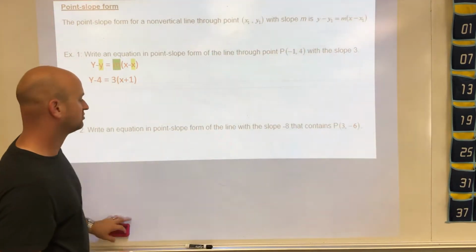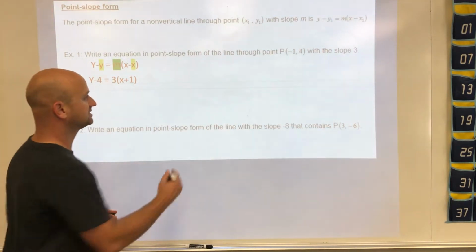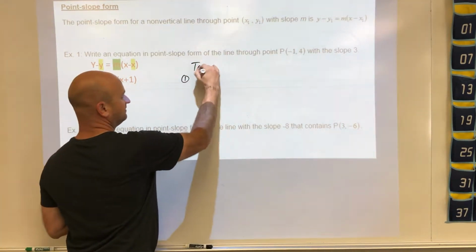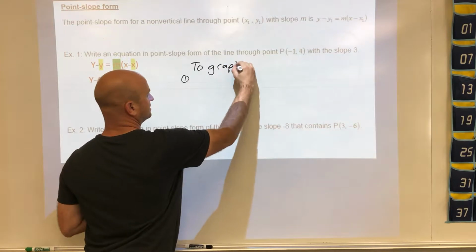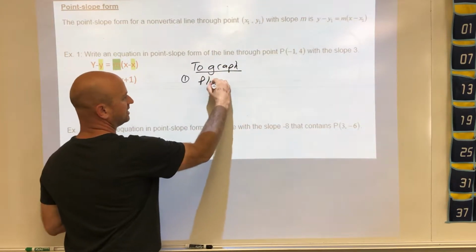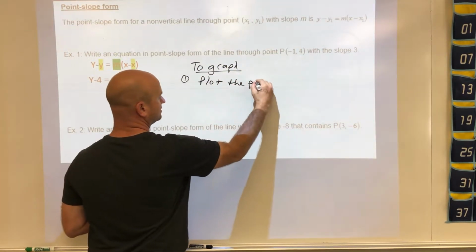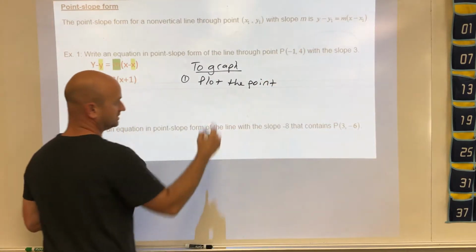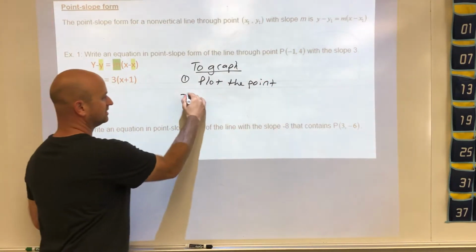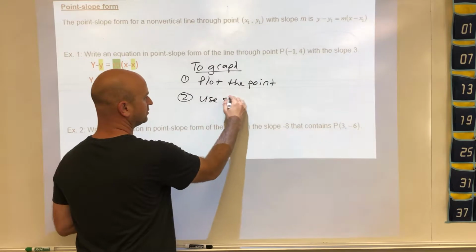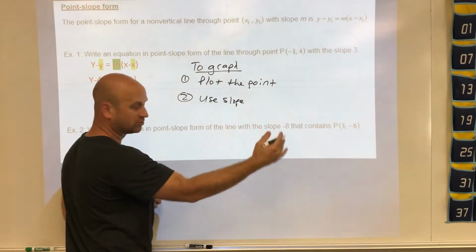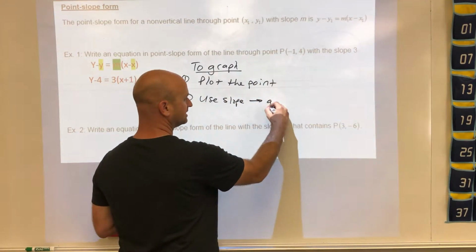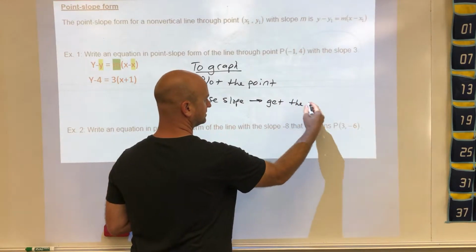So if we were graphing something in this form, the first step would be to plot the point. Okay, so we plot the point on the graph. The second would be to use the slope to plot more points until we get to the y-intercept.